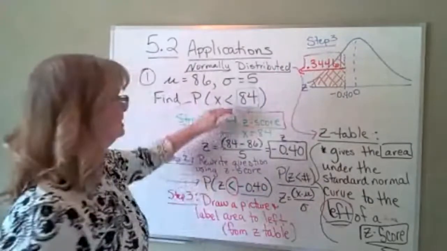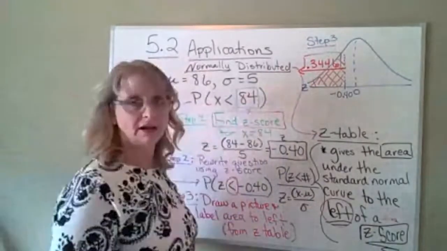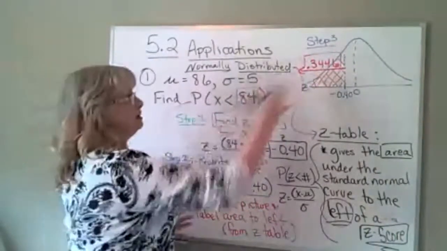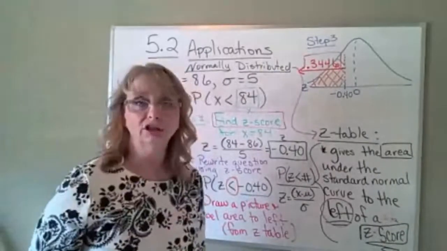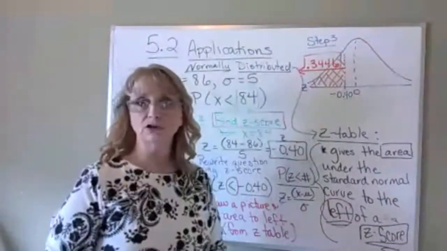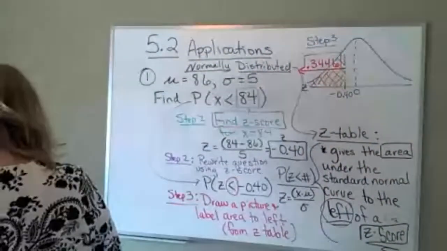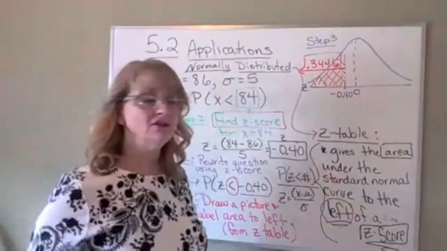That's because this was a less than problem. If it's a less than problem, the area that you look up in the table is going to be your answer. So step 3 was to draw that picture, shade the area you're looking for, indicate the area to the left of the z-score that you find in the table, and then your step 4, which is your last step, is to calculate your answer.